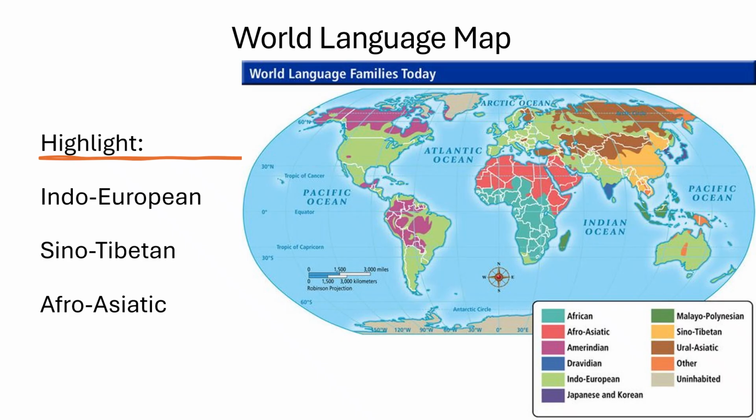The Indo-European language family includes the major Romance languages. If you look on the screen, you will see the yellow in the United States and Canada and Europe moving over to Russia and India, Pakistan, some of South America, Australia. The Sino-Tibetan language is kind of the goldenrod or orangey color on your screen.